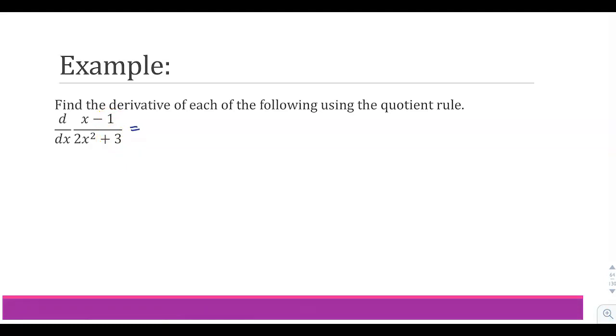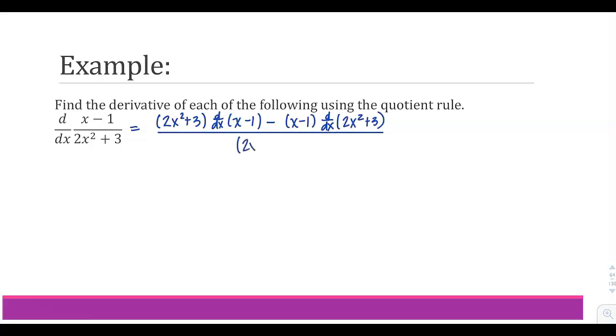So it's low, the bottom function, 2x squared plus 3, d high, the derivative of x minus 1, so low d high minus high, x minus 1, d low, the derivative of the bottom, the derivative of 2x squared plus 3, all over the bottom squared, 2x squared plus 3 squared.